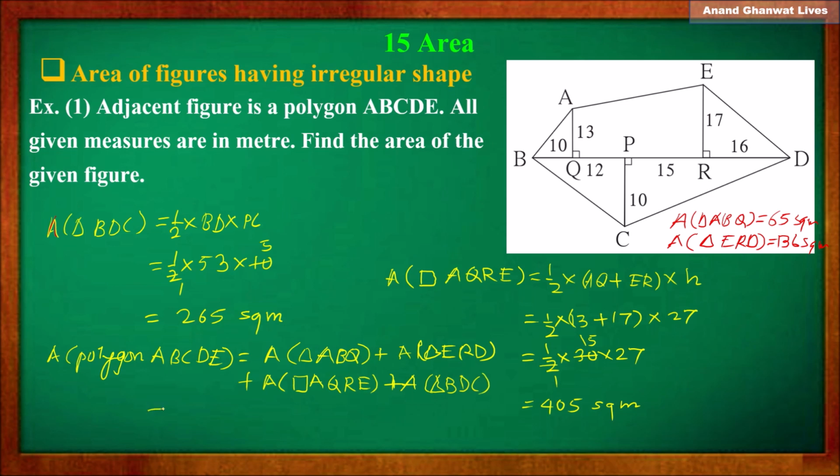Write one by one. Area of triangle ABQ is 65, plus area of triangle ERD is 136, plus area of quadrilateral is 405, and plus area of triangle BDC is 265. Add all these, it is equal to 871 square meter. So the total area of the polygon ABCDE is 871 square meter.